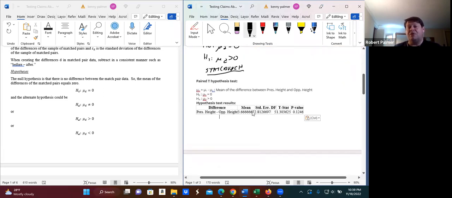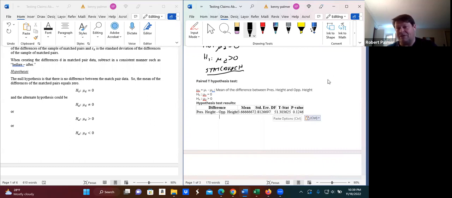The mean of those differences is positive, it's 3.6. Now, we don't know yet if that means it's significant or not. Then we need our t-statistic and our p-value. The t-stat is 1.30, and the p-value is 0.1246.